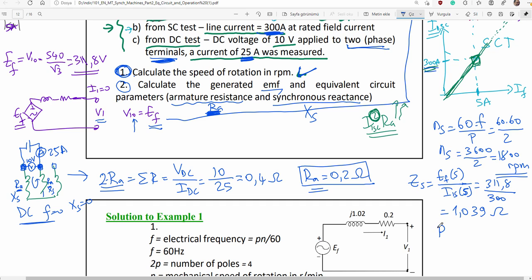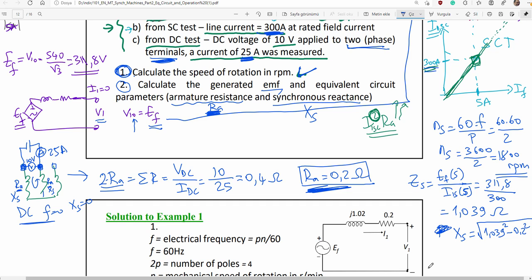So the synchronous reactance is equal to the square root of 1.39 squared minus the armature resistance, which is 0.2 squared. Let me calculate. 1.39 squared minus 0.2 squared, all in square root.